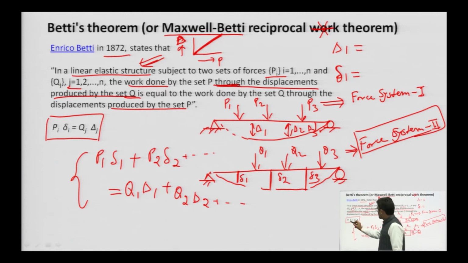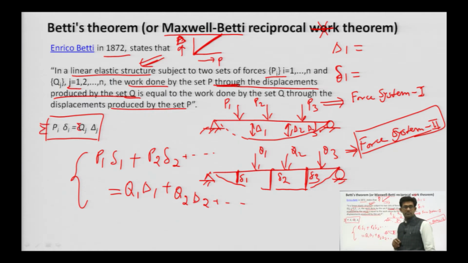It means P1 into delta 1, P2 into delta 2, P3 into delta 3. These are the work done, the forces acting. So the work done will be the product of Pi into delta i, and the summation will be added also.